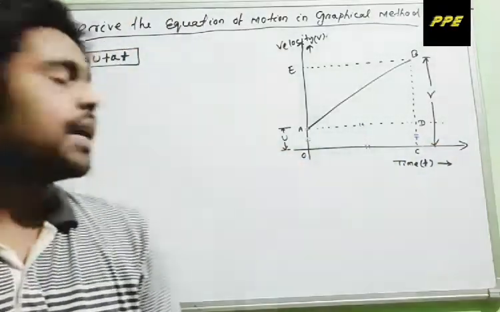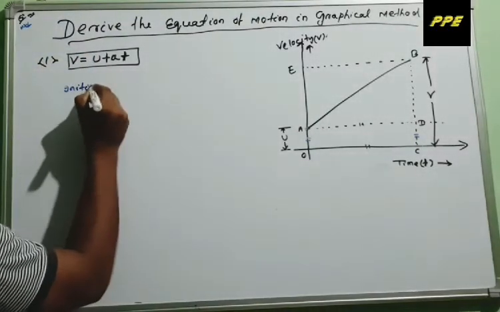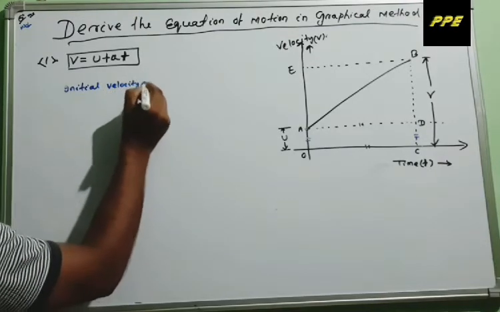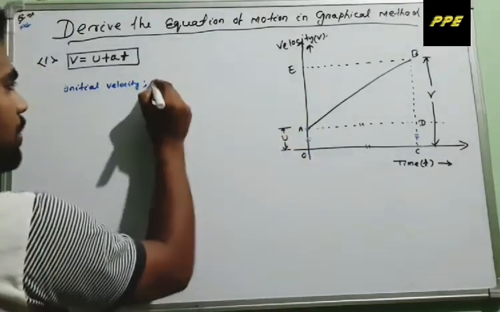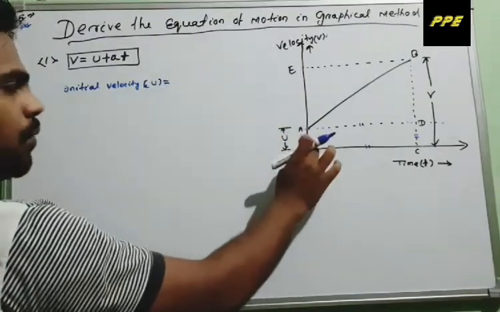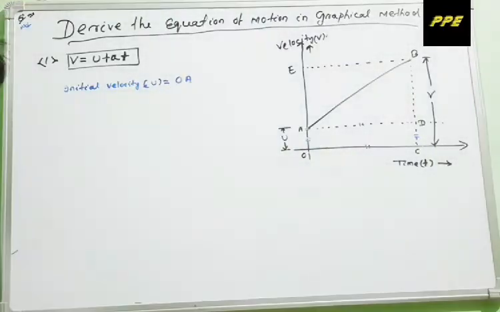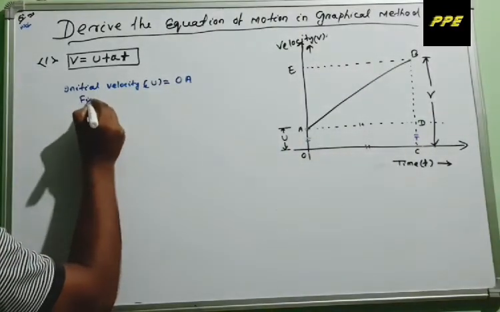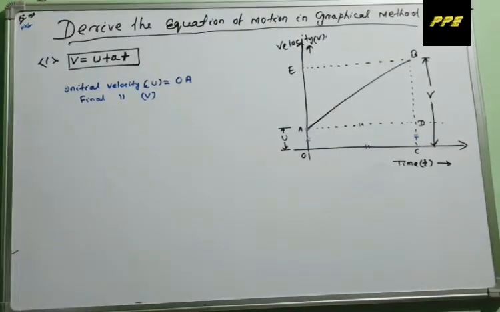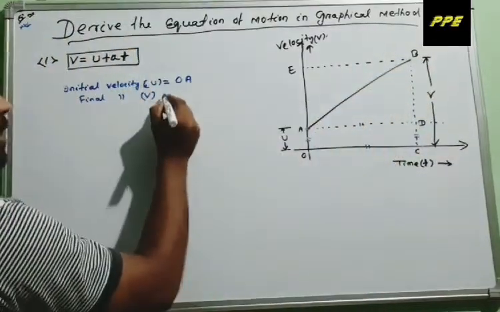So just take first the initial velocity. How much? U. I am taking U as the initial velocity, the distance from O to A. Now I will take the final velocity, that is V, which is C to B, that is distance BC.